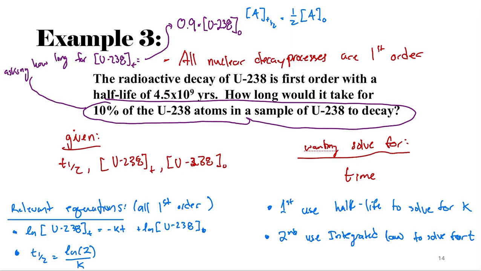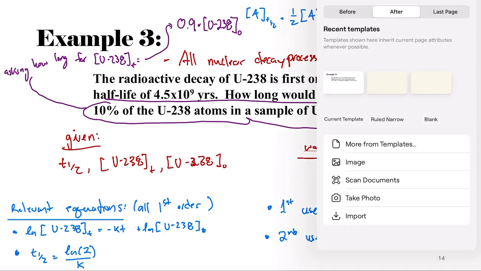And so we can actually set up, even before actually solving for the half-life, the second part, right? So we want to use this relationship: uranium 238 at time t is equal to 0.9 times uranium 238 initial, right?